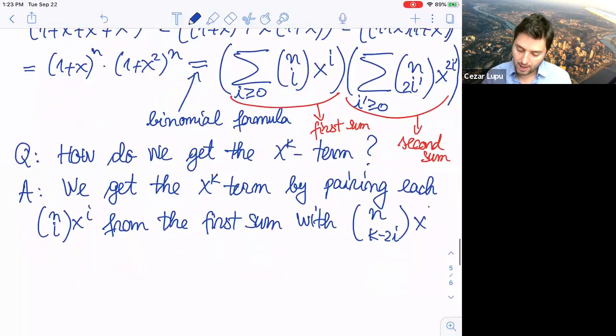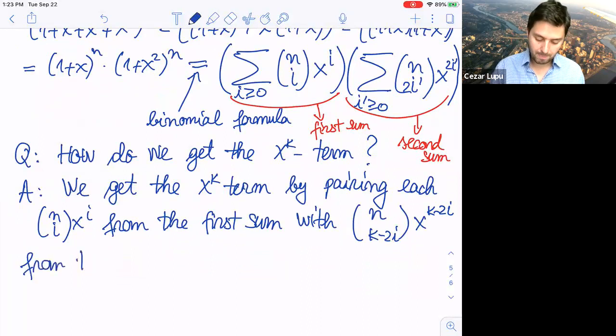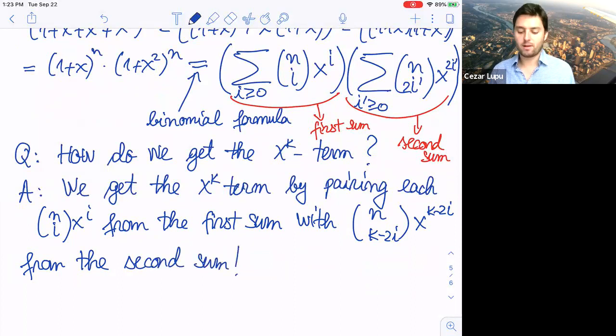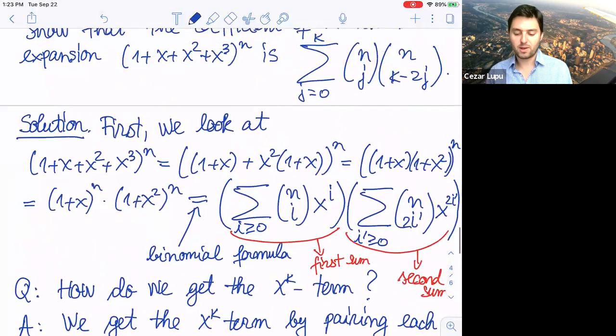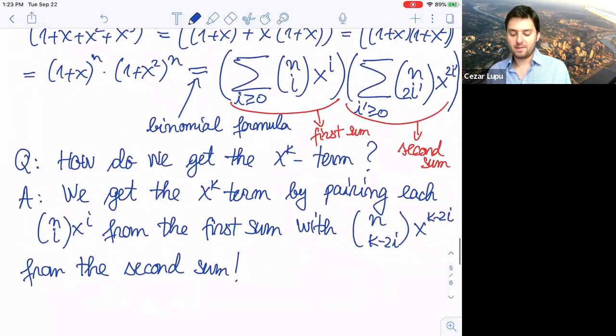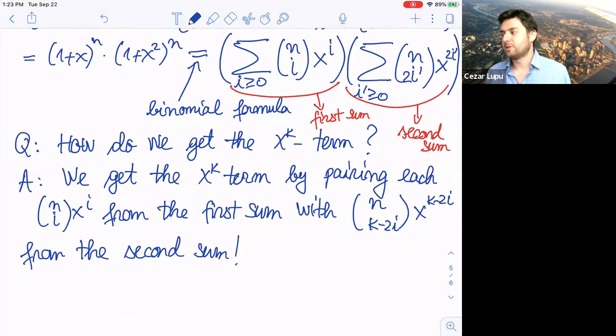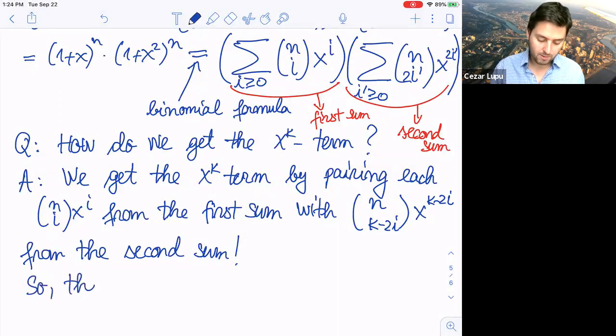Times x to the k minus 2i from the second sum. Well, it's quite clear because look at what you have to prove. The coefficient will be the sum of the product of these two.